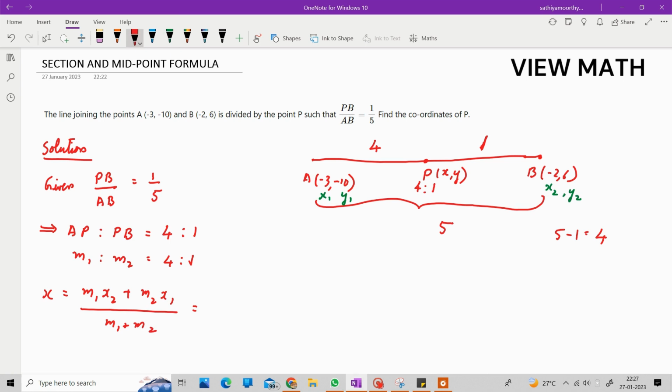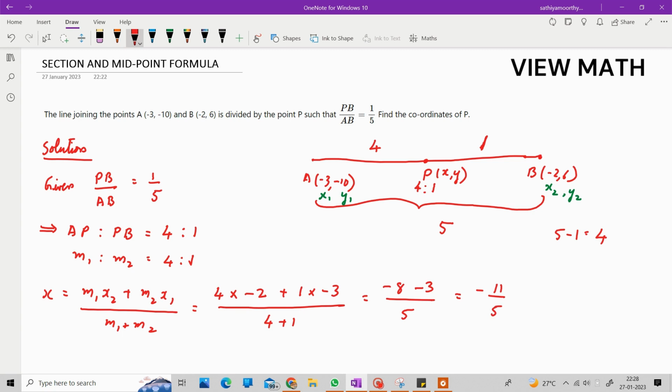M1 is 4, x2 is minus 2, plus M2 is 1, x1 is minus 3, divided by M1 plus M2, which is 4 plus 1. This is equal to minus 8 minus 3 divided by 5, which is equal to minus 11 by 5.